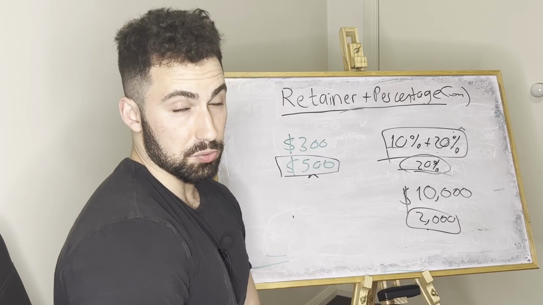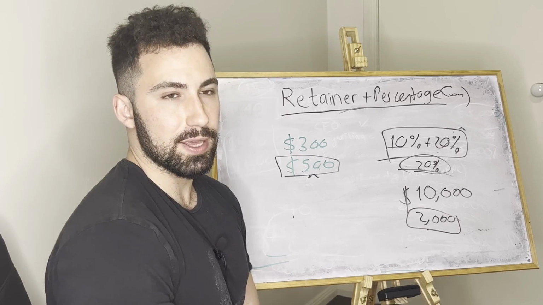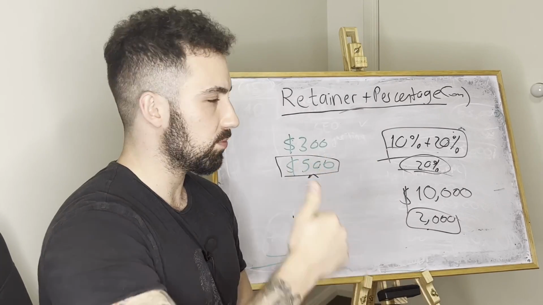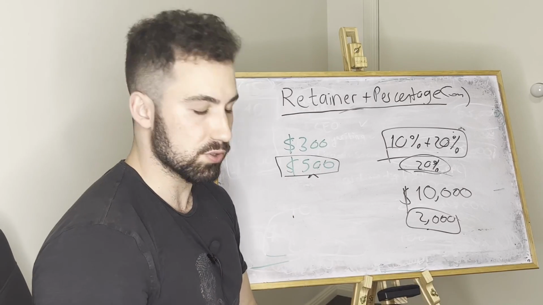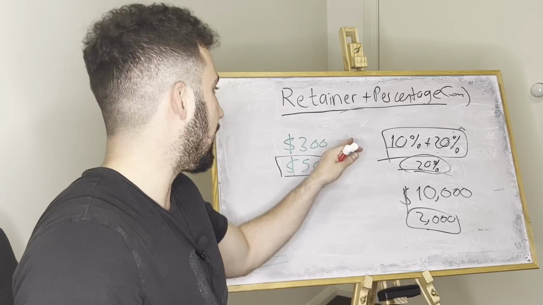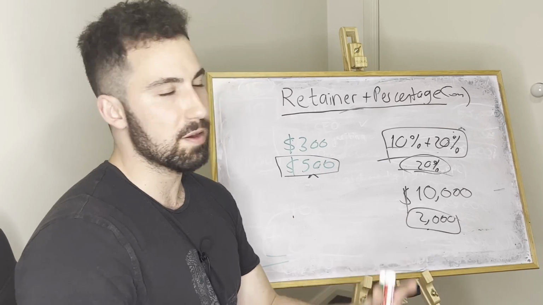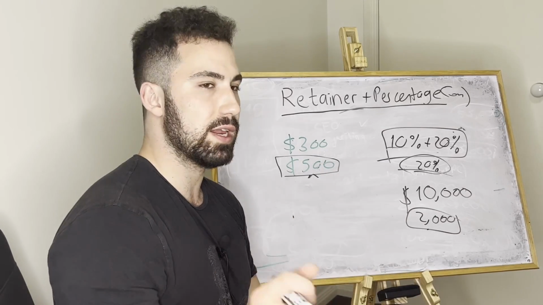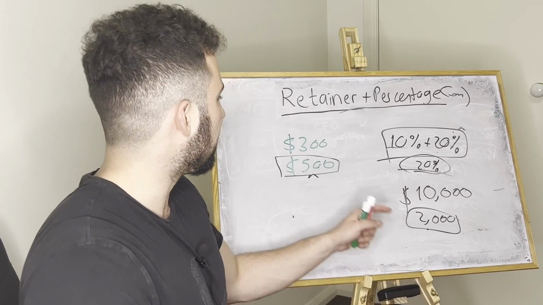That's why we are not doing percentage model in copywriting, organic social media, and SEO. We're just doing retainers on those. We're only doing retainer plus percentage on paid ads, which is a great model, but we have a bunch of pricing models, which you can only find here, and I'm gonna cover those in a minute.